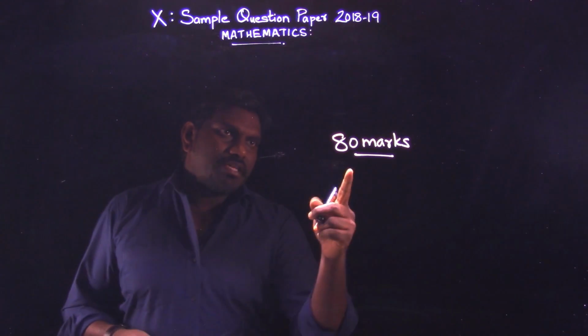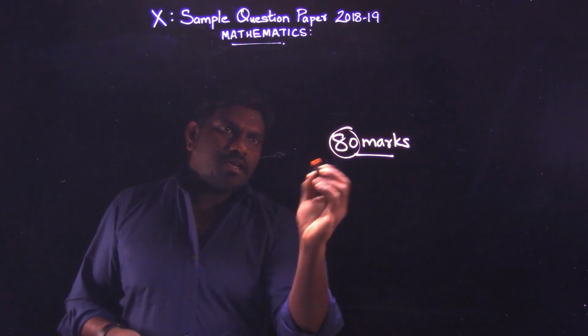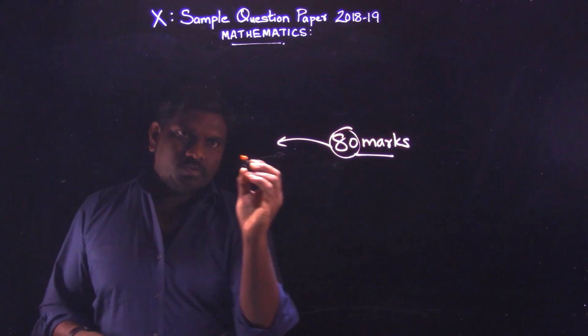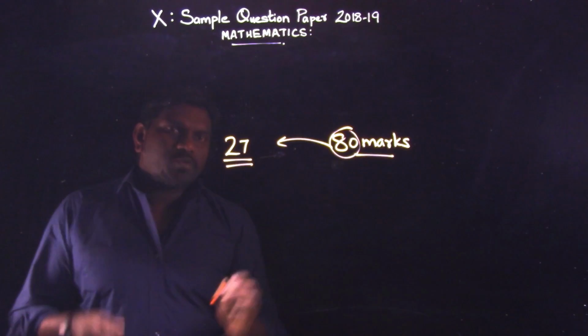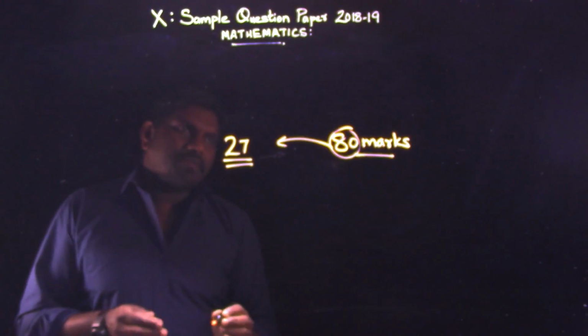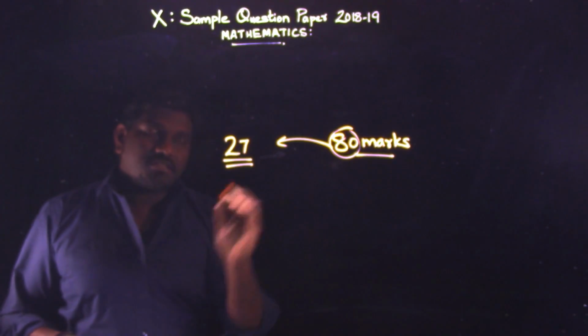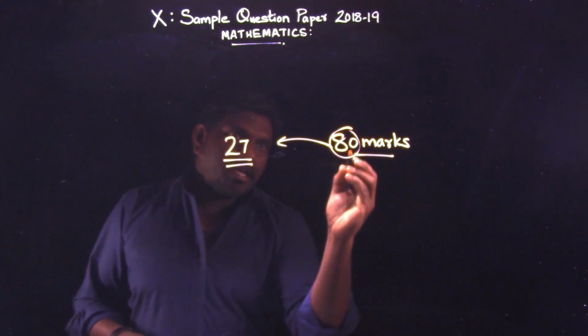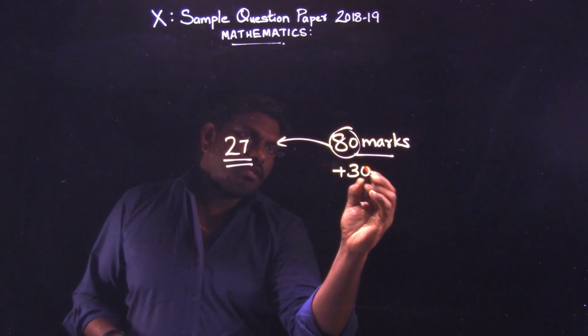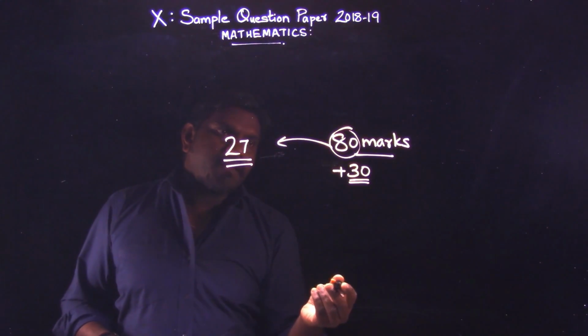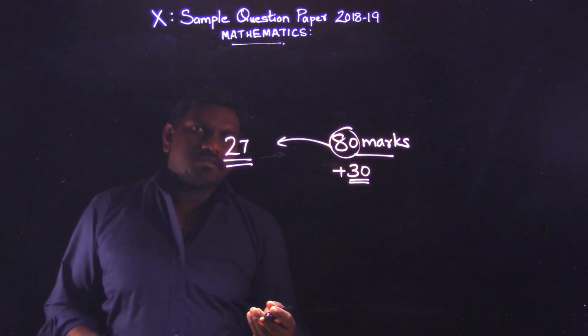So 80 marks is your max, and to pass, you need at least 27. So 27 marks out of 80. But actually, it is not just 80. 80 is the normal marks, plus you have 30, because this year you have a lot of optional questions.